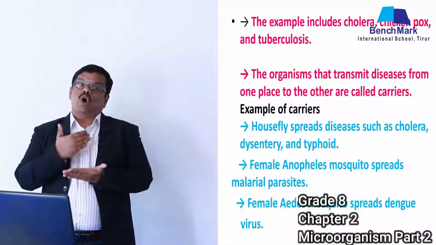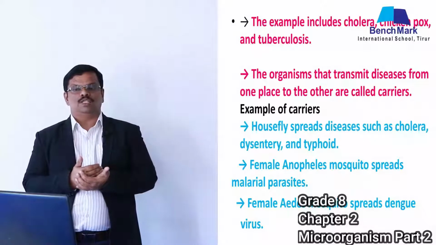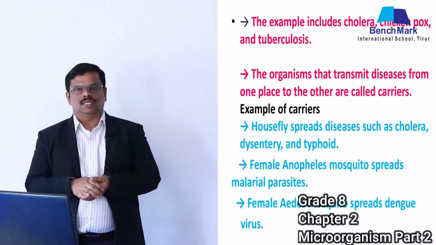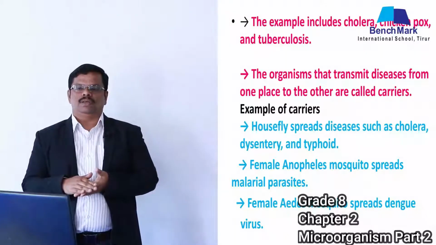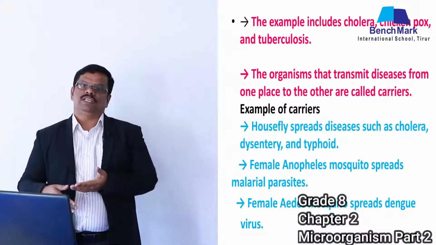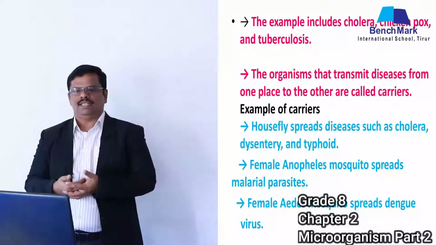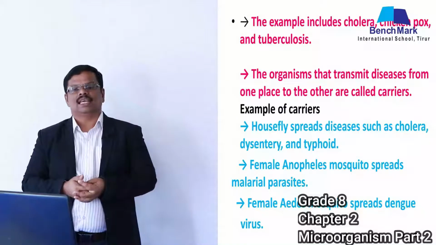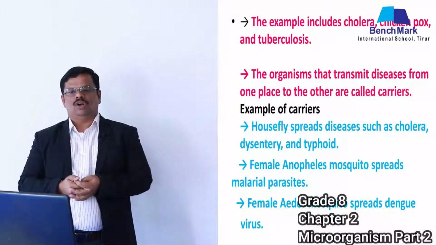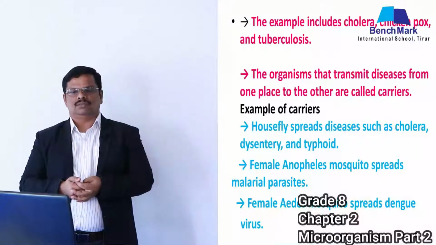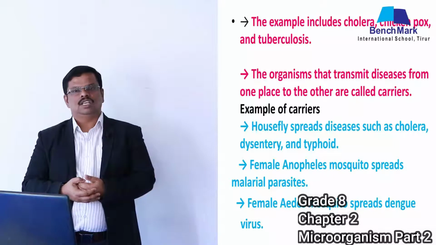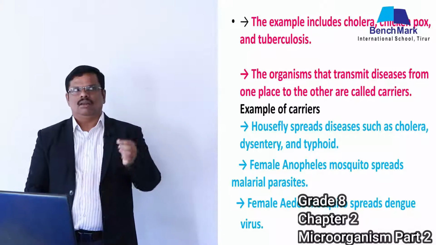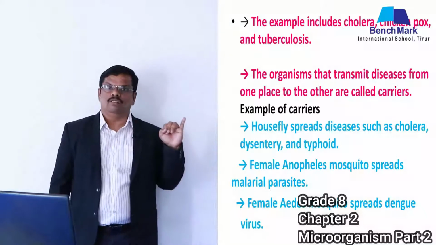Then some organisms transmit diseases from one person to another, from one place to another place. We call them carriers. Carriers. House fly spreads diseases, which in grade 4 or 5 you have learnt.